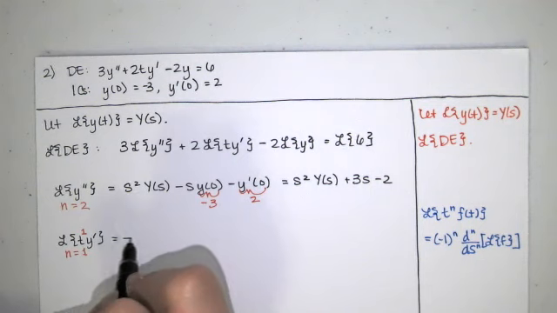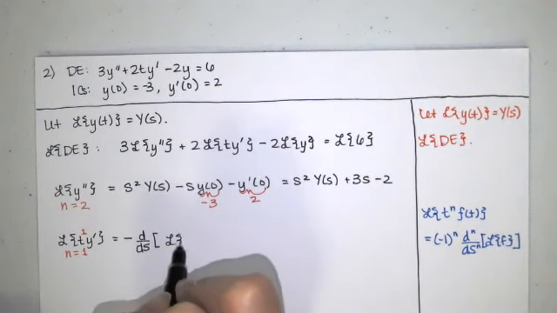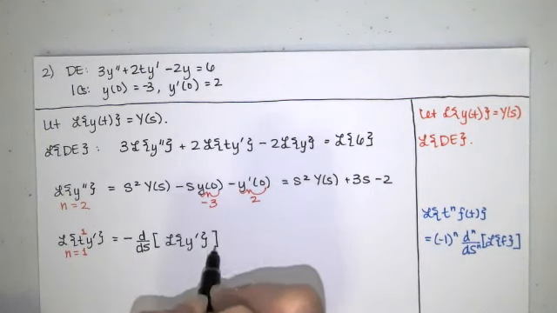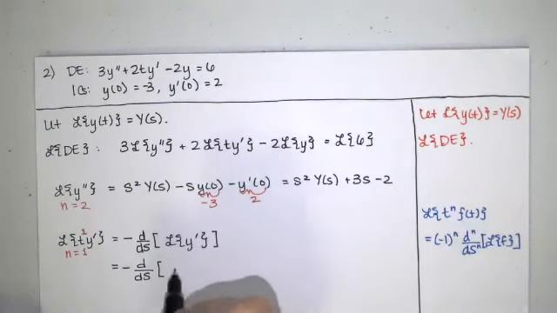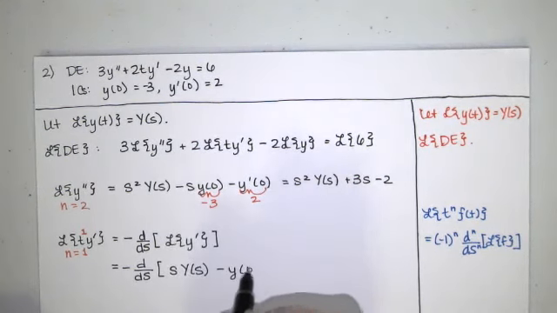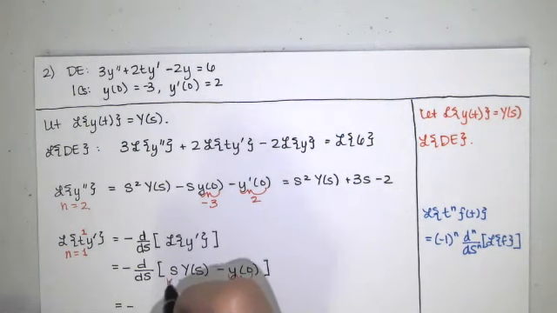This is -1 to the first times the first derivative with respect to s of the Laplace transform of y prime. And the Laplace transform of y prime is s to the first times Y(s) minus little y at 0. And little y at 0 is -3. So we have -1 times a derivative that requires the product rule.